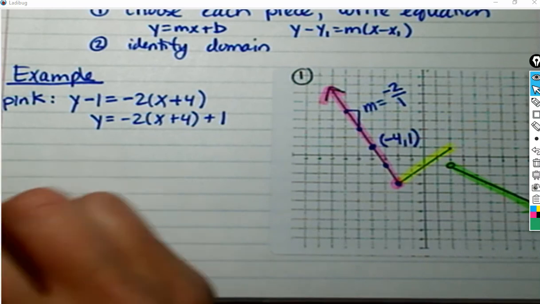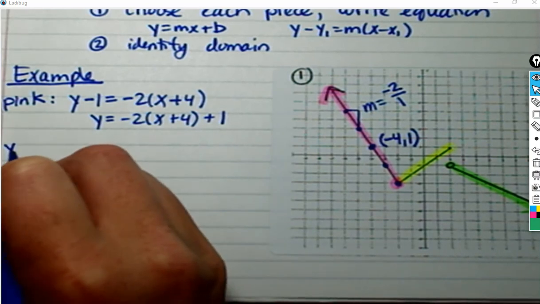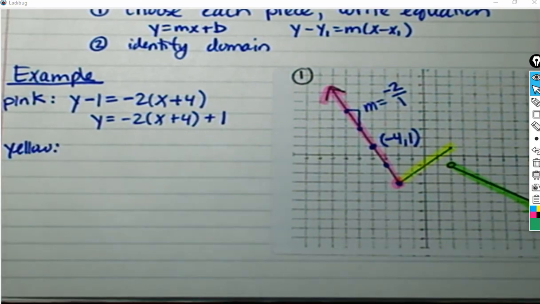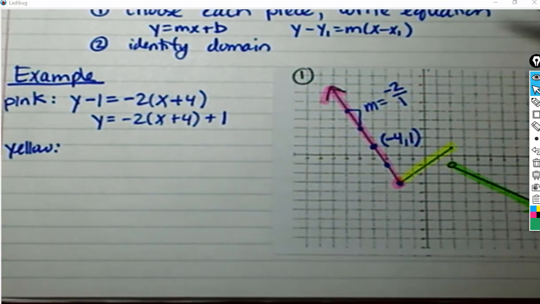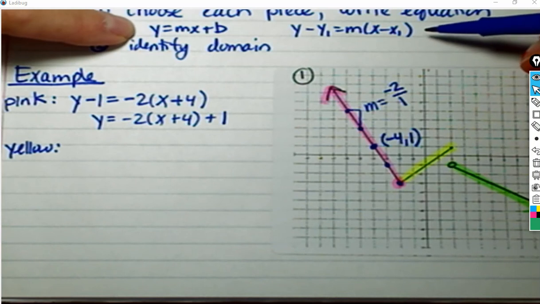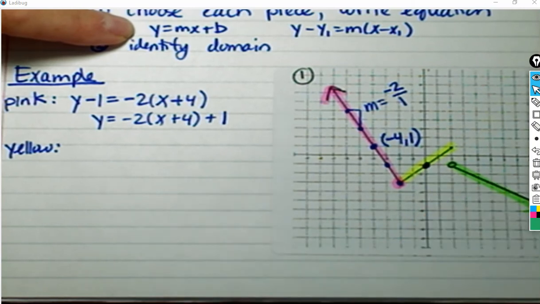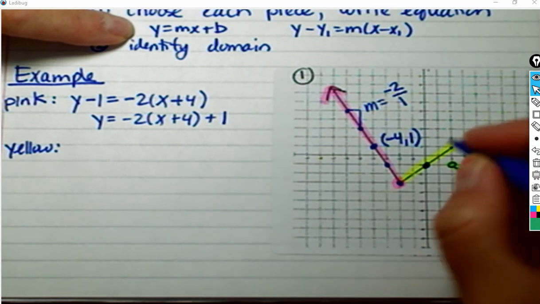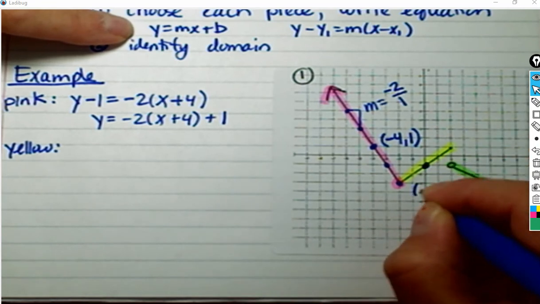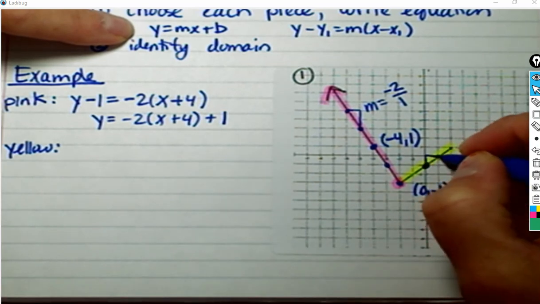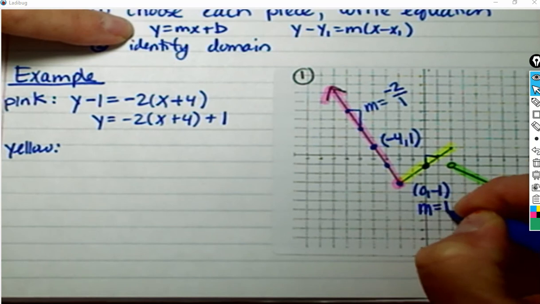Yellow. All right, so I'm going to work on yellow. We're just going to write the equation of the yellow line. Pick a point. Now, you have 2 choices here. Pick the easy choice. Notice how I actually see the y-intercept here. Go ahead and use it. That's okay. So we've got 0, -1, and the slope is +1.